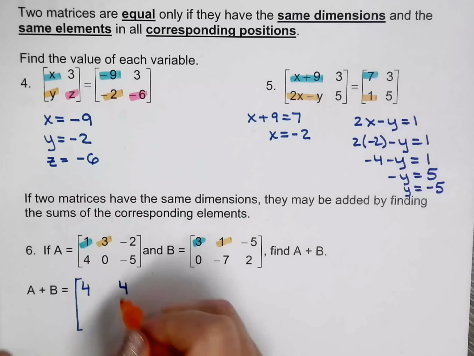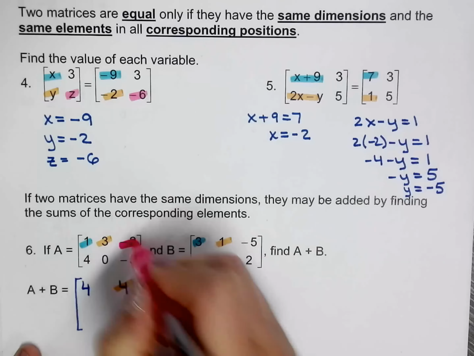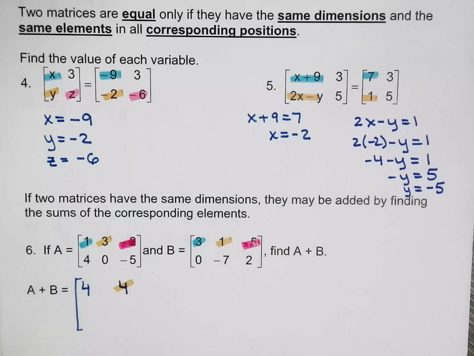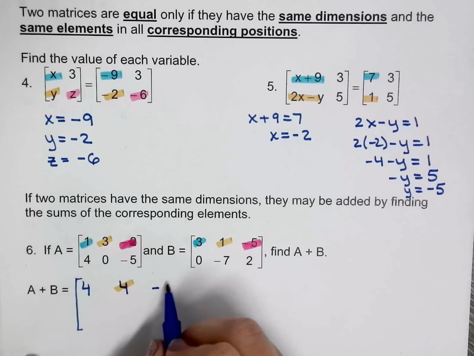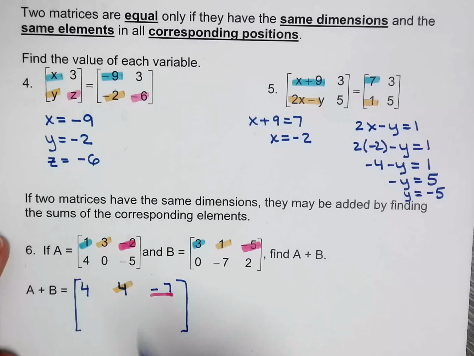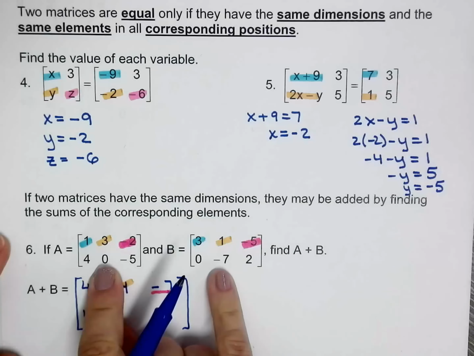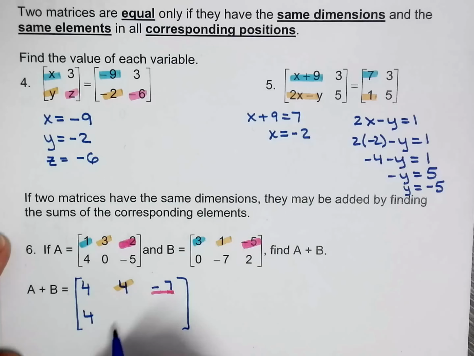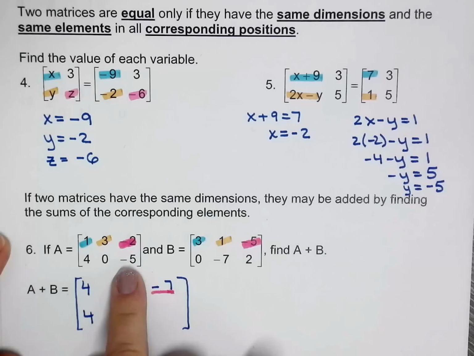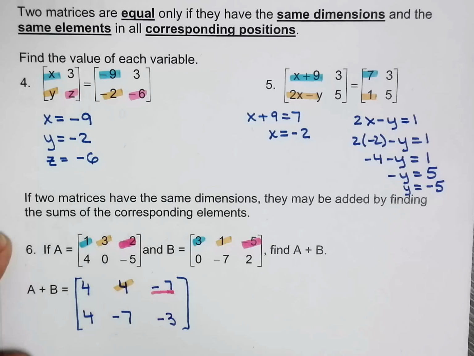That's from over here. And then we have -2 minus 5, which is negative 7. So this is the pink one. And so on. 4 and 0 is 4, 0 and negative 7 is negative 7, negative 5 plus 2 is negative 3.